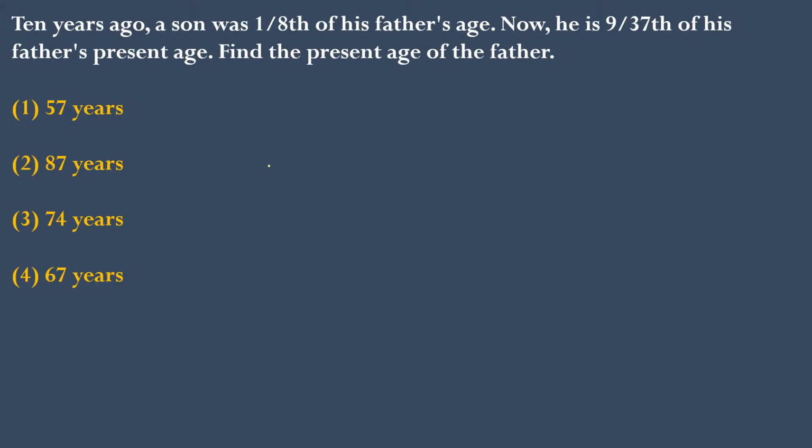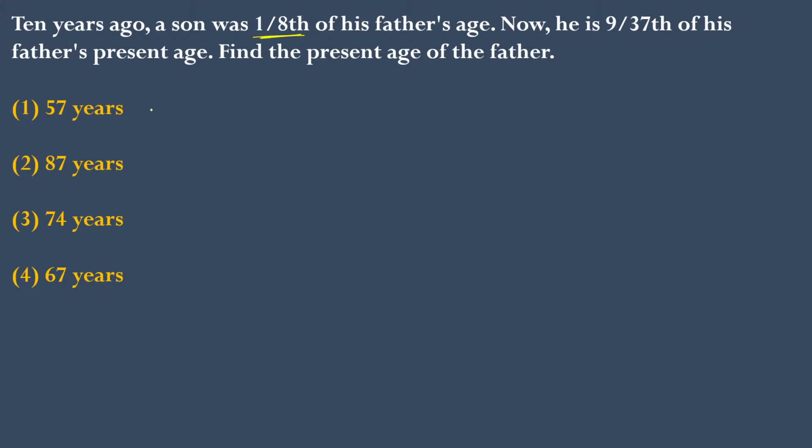Okay. So we can take different ways to solve the problem, but it takes some more time. If you see here, by using the options, we can simply find the father's age and son's age. So 10 years ago, the son was 1 by 8th.